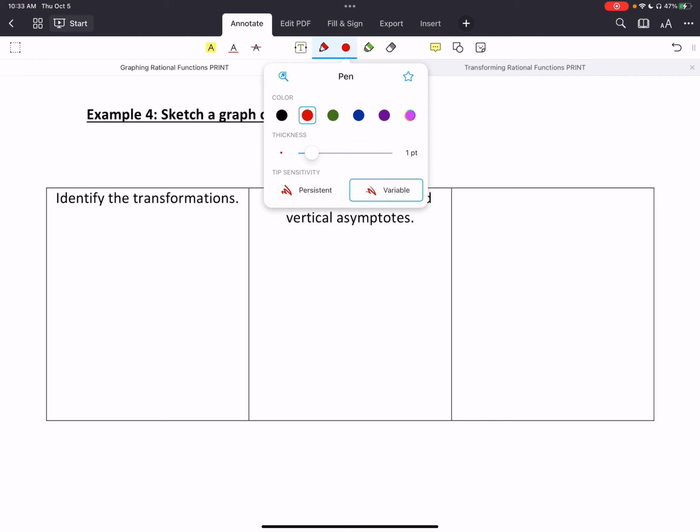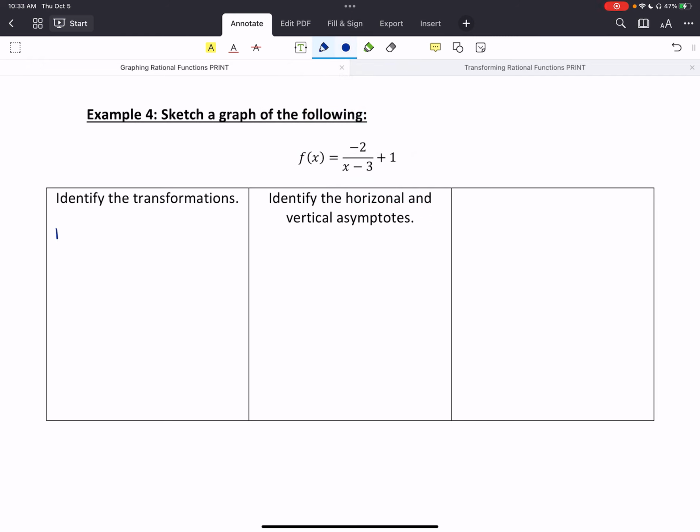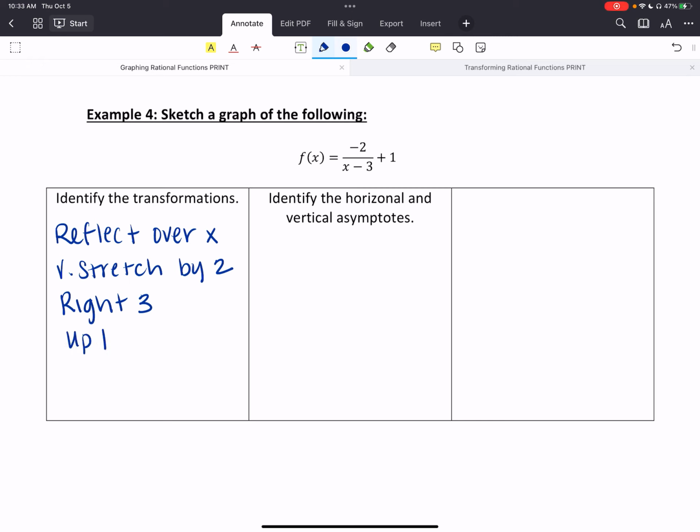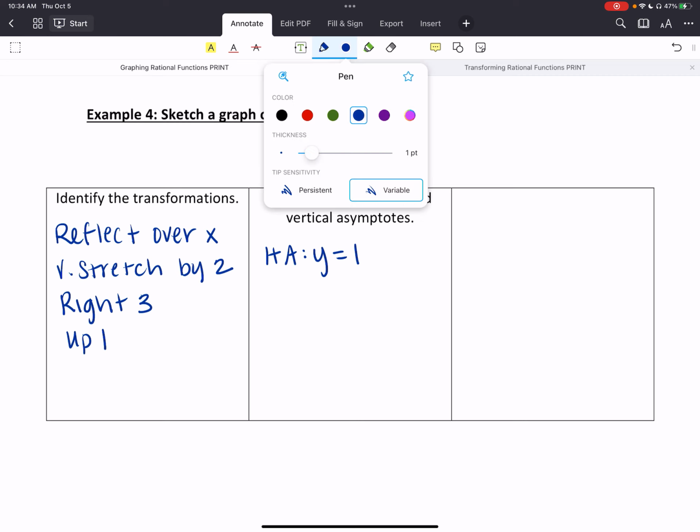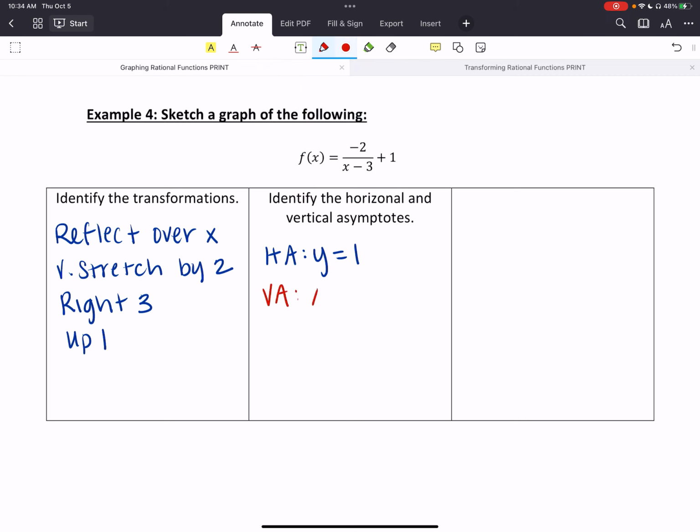So for this one, we are going to reflect over x. We have a vertical stretch by 2. We're going to go right 3 and up 1. Those are our transformations. So when we write our horizontal asymptote, we have our horizontal asymptote as y equals 1. And our vertical asymptote is x equals 3.